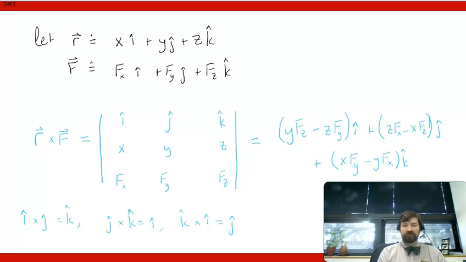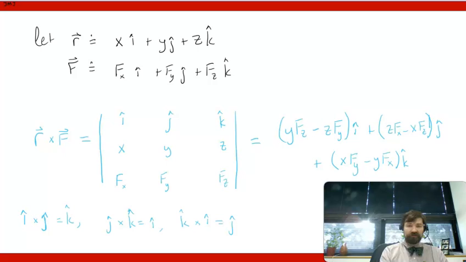So this is your relationship between your x, y, and z directions, for what it's worth. This will also guarantee that if the two are in the same plane, you'll always end up with a cross product that's perpendicular to them.